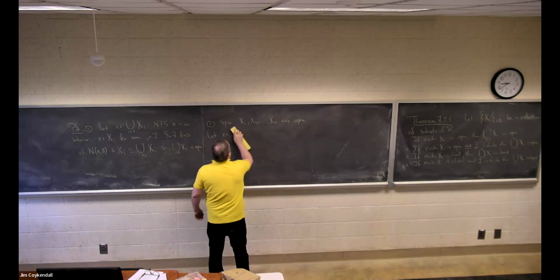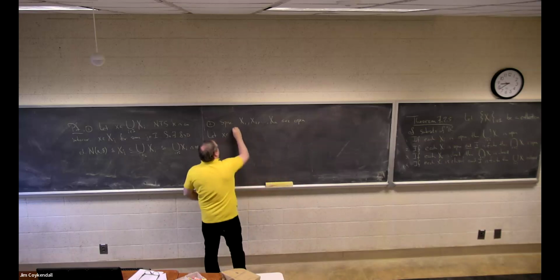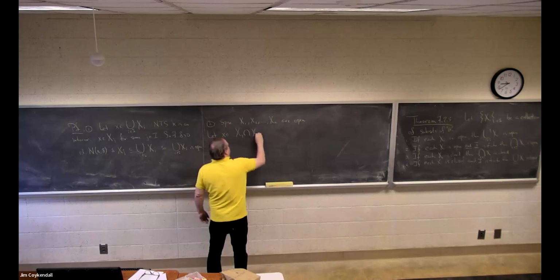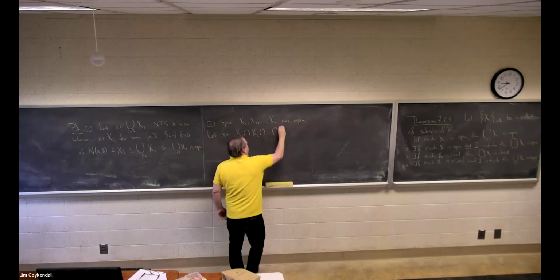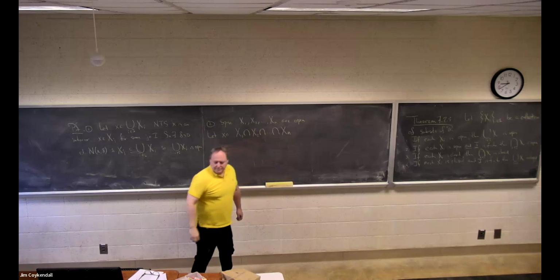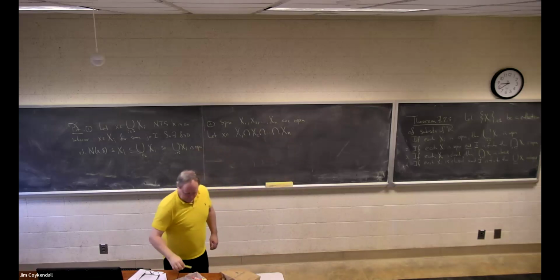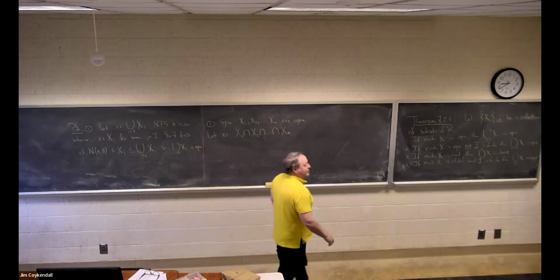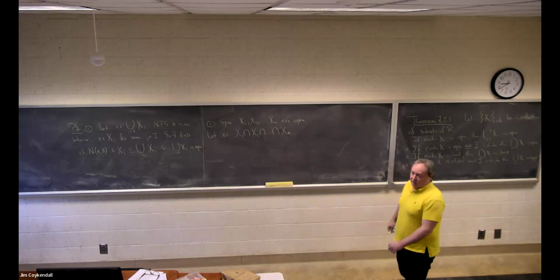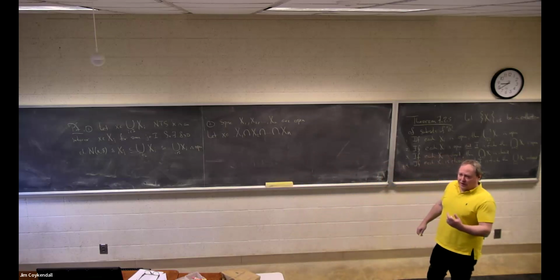Now x being in the intersection, we need to show that there's a neighborhood.